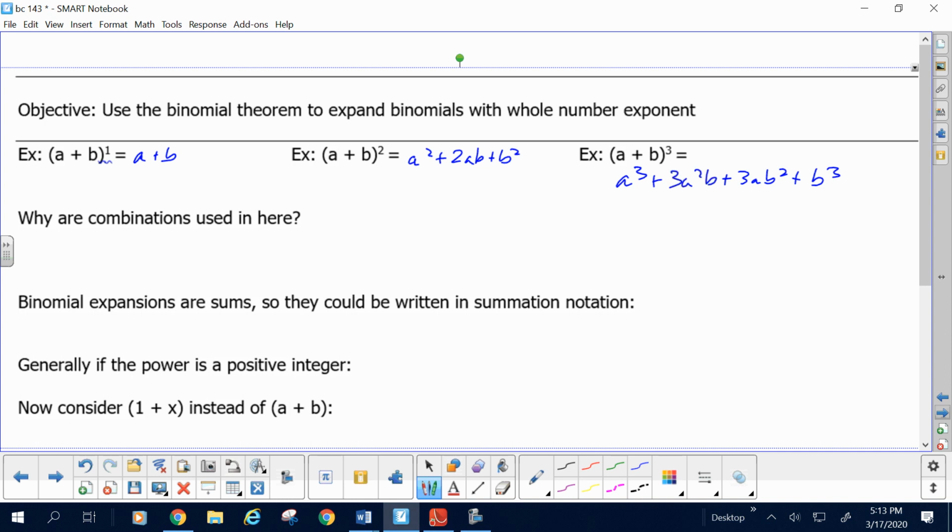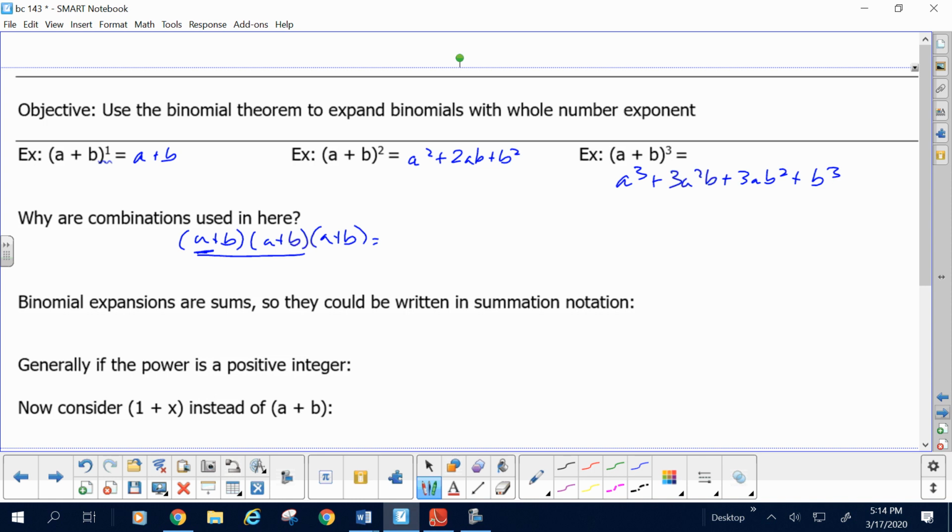So a good question would be, why combinations here? I thought that was more of like a counting idea. Why use combinations? Well, consider it this way here really quick. Say I was doing a plus b cubed. Well, a plus b cubed means a plus b times itself 3 times. Now say I multiplied this and did not simplify as I went. So say I went a times, now let's do these first.